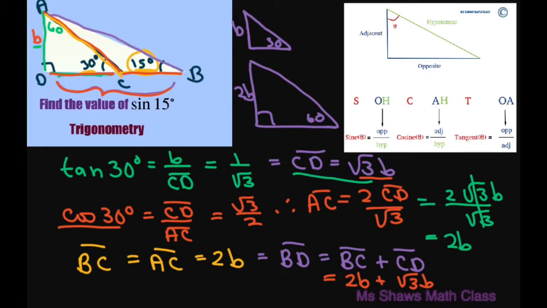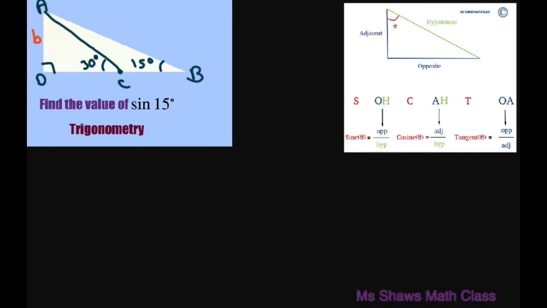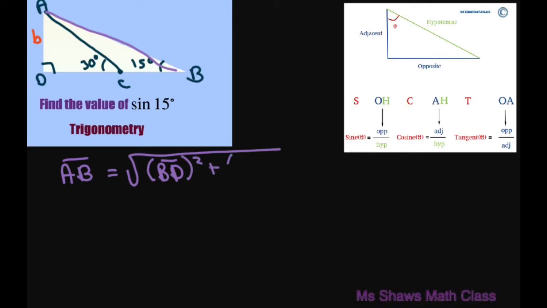All right, so all we're going to do is use the distance formula since we have all our information. So for our distance formula, we're going to say the length of AB right here equals, and the distance formula would be the square root of the segment BD squared plus the segment AD squared.